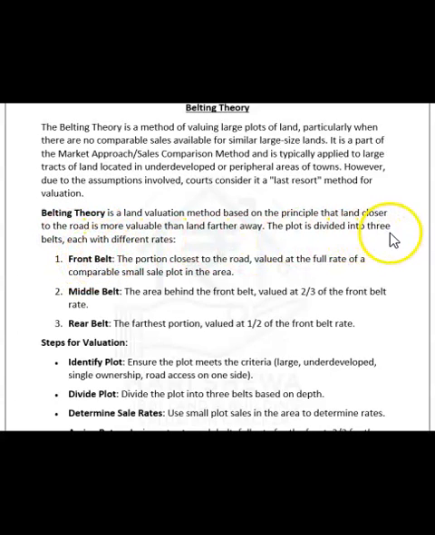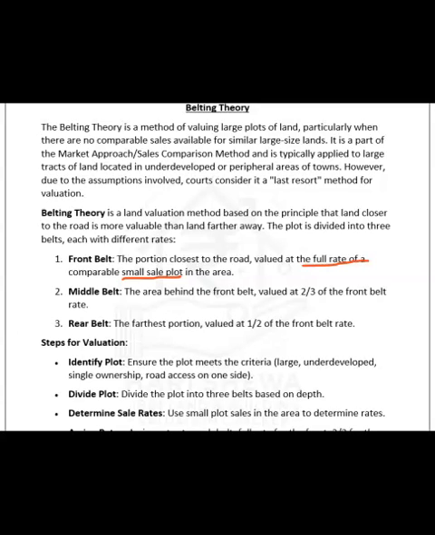The plot is divided into three belts, each with different rates. Front belt, the portion closest to the road, is valued at full rate of comparable sale plot of the area. The first front belt value will be taken full as per whatever we got as comparable rates. Same depth will be taken, width may be changed.